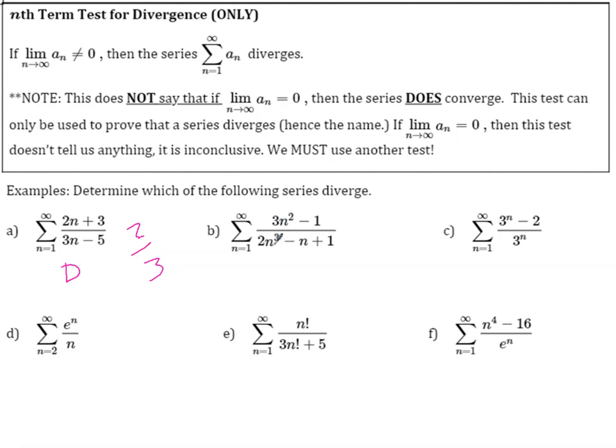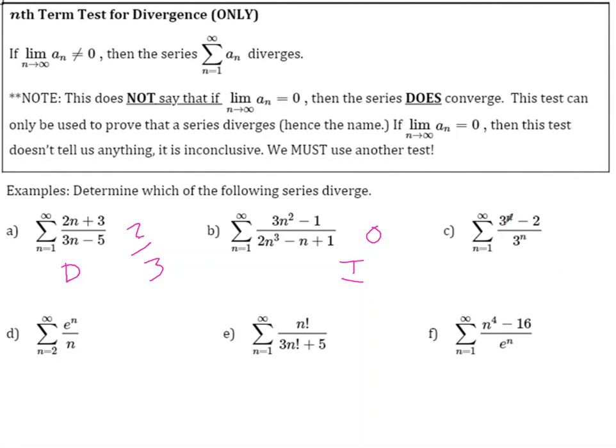The next one, the bottom is growing faster, so this is going to 0, which for this test doesn't let me know if it converges or diverges, so we're going to put inconclusive. And we'll do problems like this another day, and I'll show you how to actually figure out what the answer is for this problem. But for now, we're just going to say inconclusive.